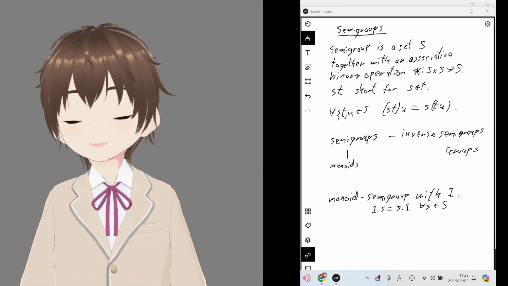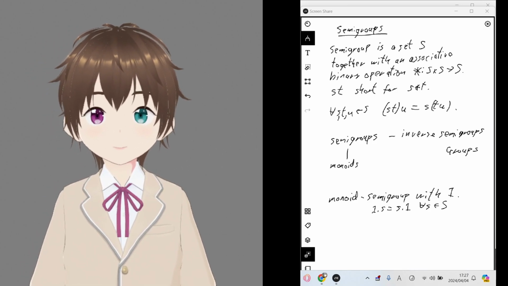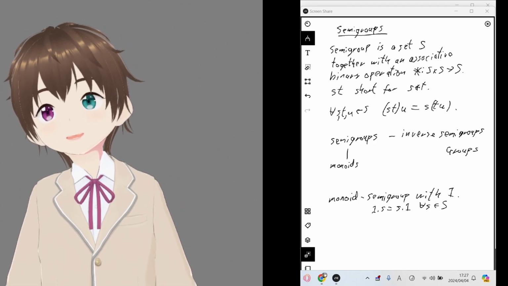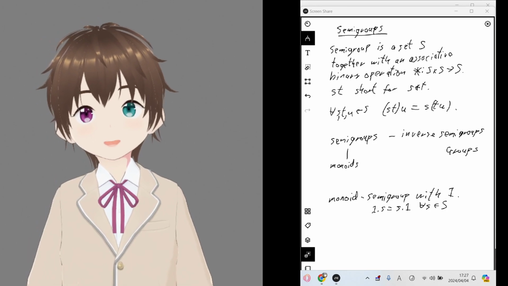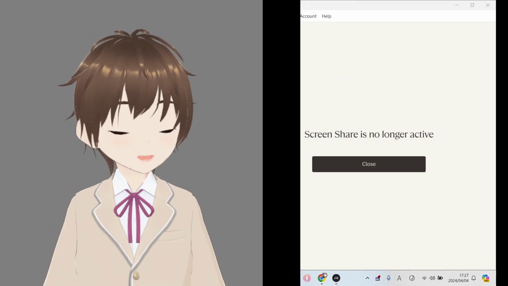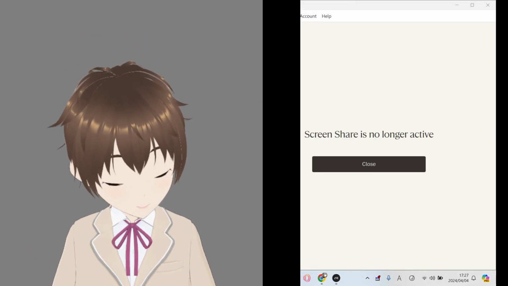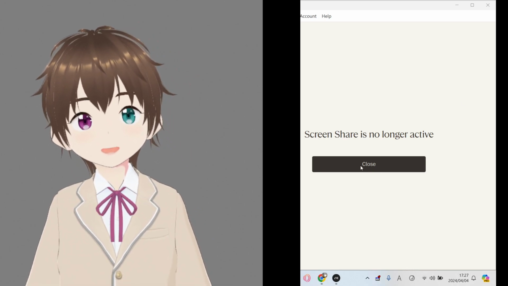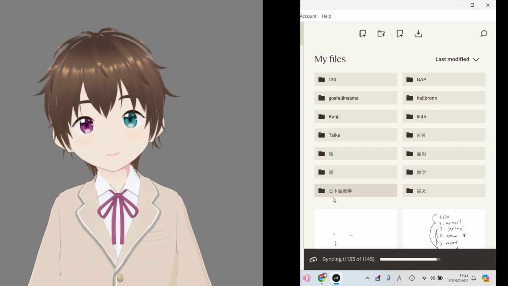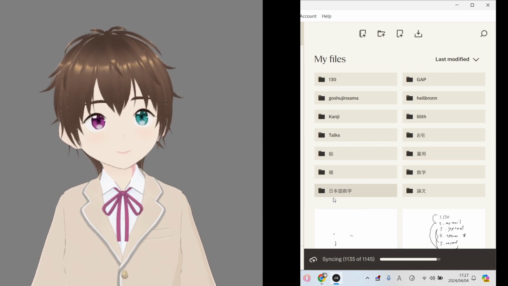But they have inverses in a weaker sense than groups have. So when they say they have inverses, we don't mean the same thing that we mean in group theory. Yeah, we mean a weaker thing. The inverses in a group are inverses in the inverse semigroup sense, but the converse is not true.